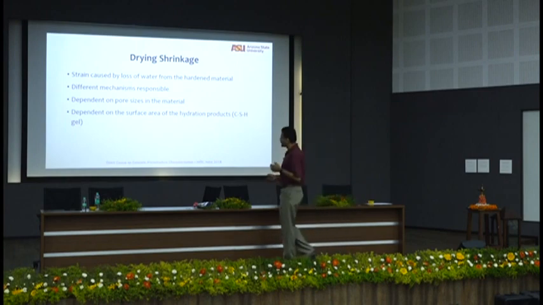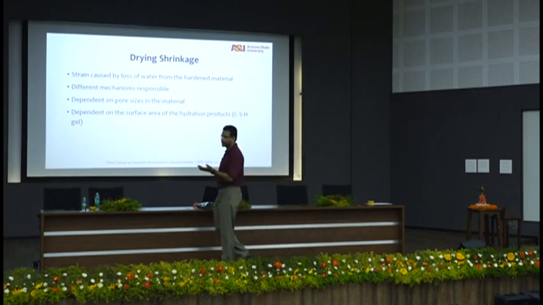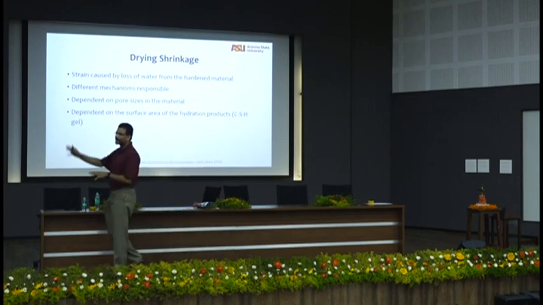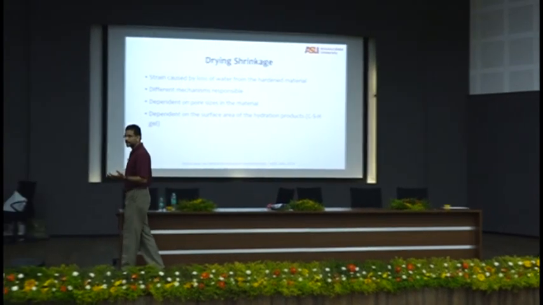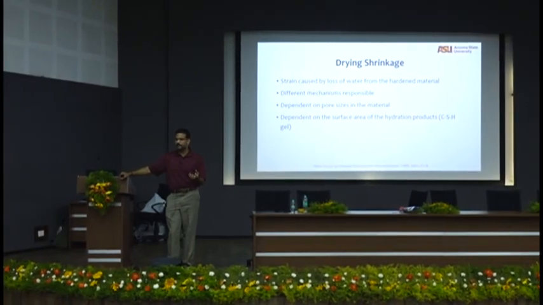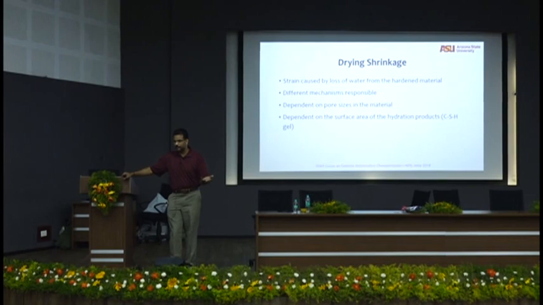I did not explicitly mention chemical shrinkage. If you want, we can talk about chemical shrinkage, because in practical aspects, it's not all that important. Chemical shrinkage is basically because the reaction products and the reactants have different volumes.